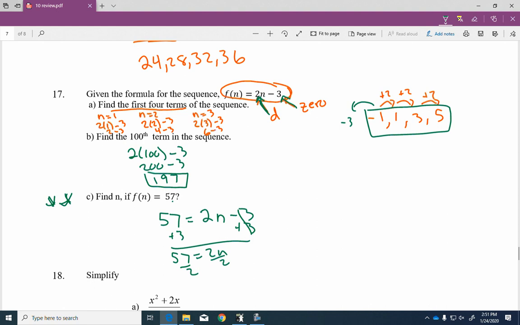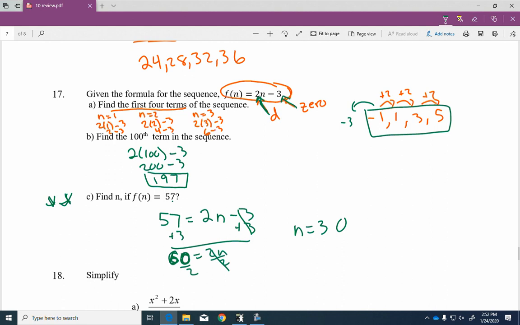Oops, I forgot to add the 3 on. This is a 60. So n equals 30. So be really careful of the given information so that you're not answering the question incorrectly.